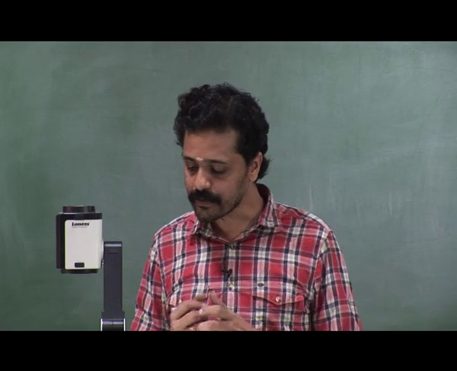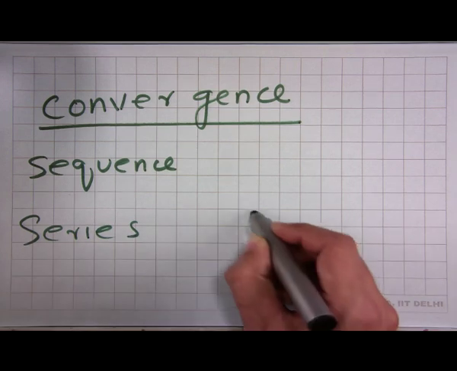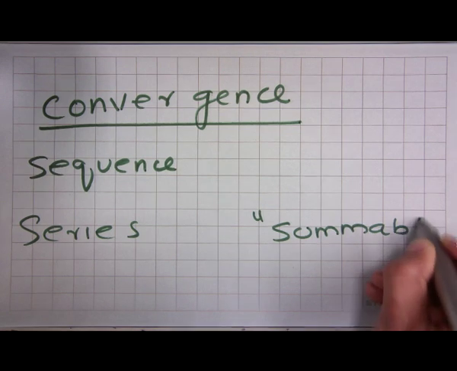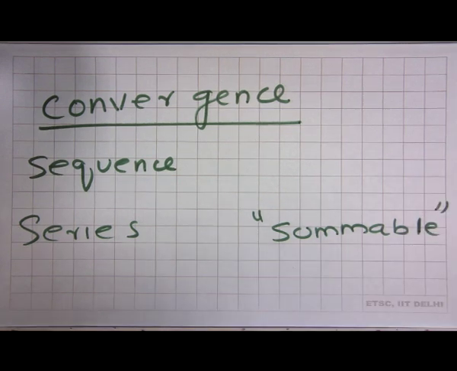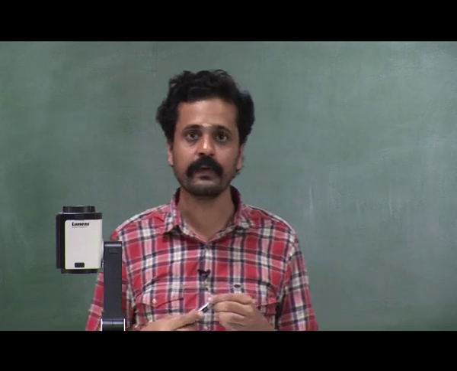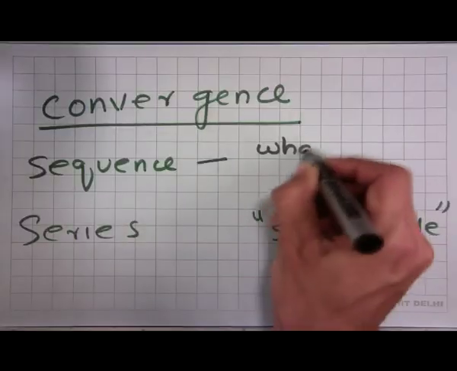And convergence of a series is something to say whether the series is summable, means after adding all the terms whether you will come up with a finite value or not.